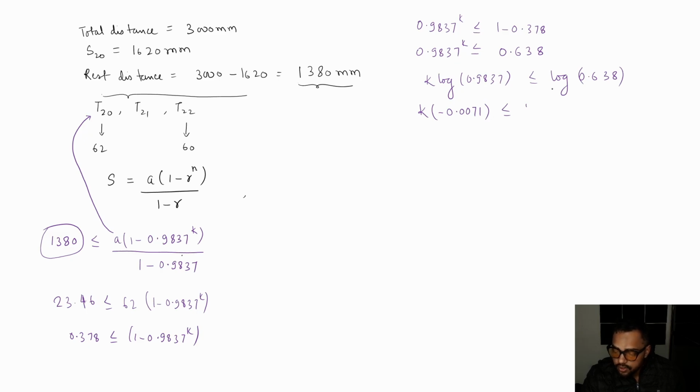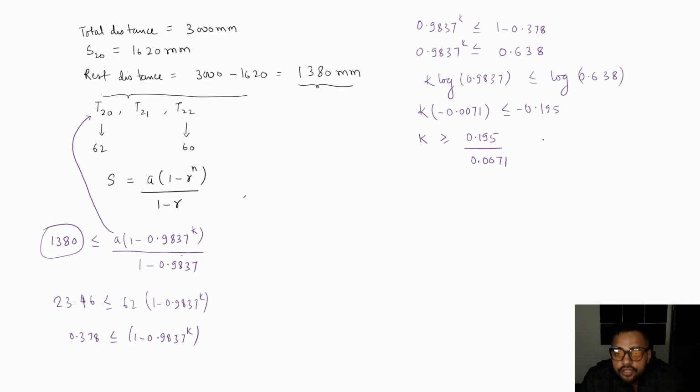And log of 0.638, we are getting this value as −0.195. So we know that if we have a negative sign in the equation, the inequality sign gets reversed, so k is greater than or equal to 0.195 upon 0.0071.